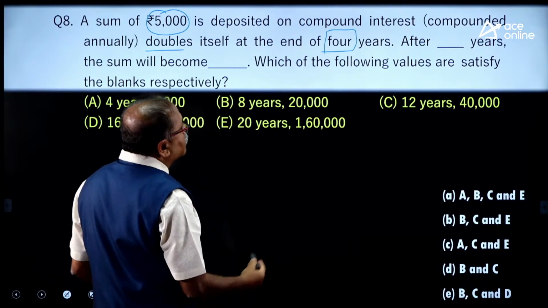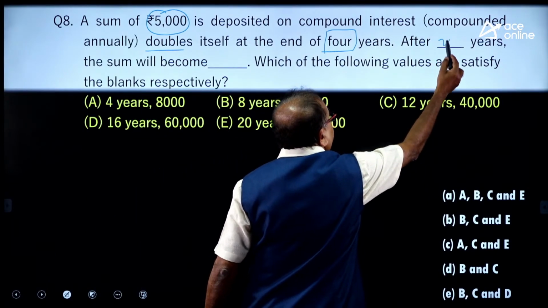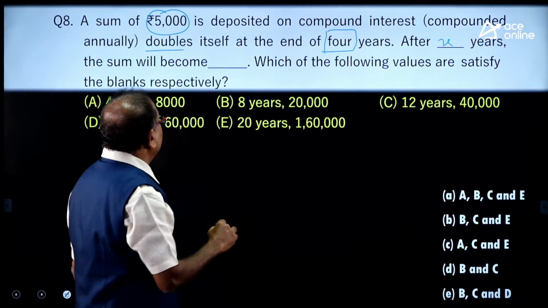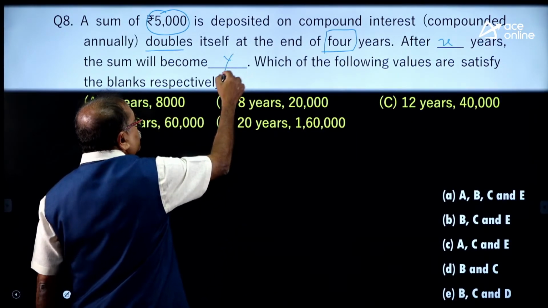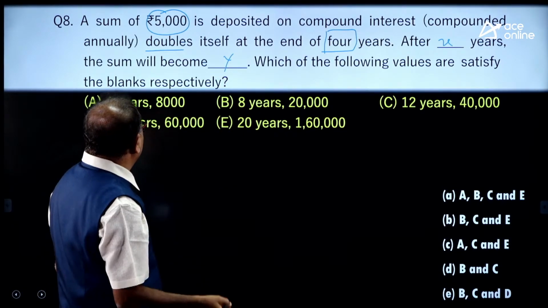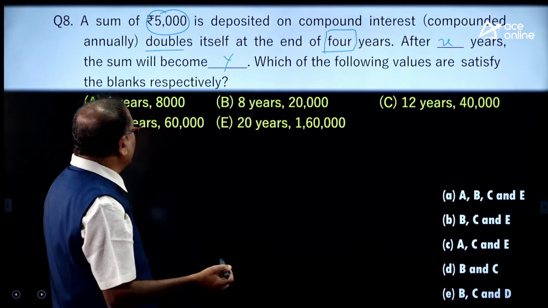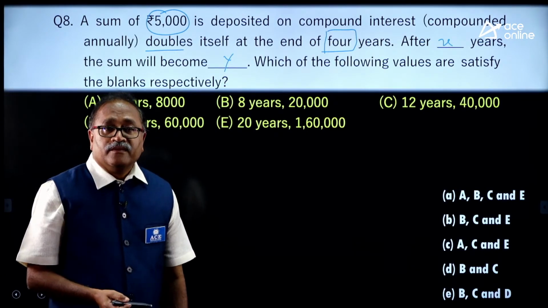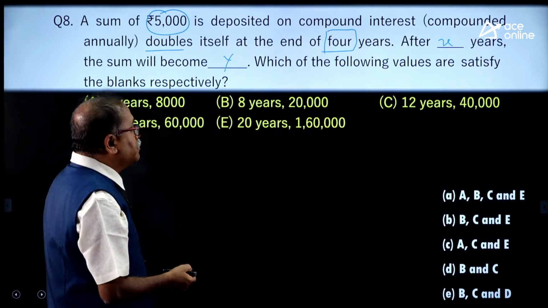After x years, the sum will become y. Which of the following values satisfy the blanks respectively? What is the approach to this question?